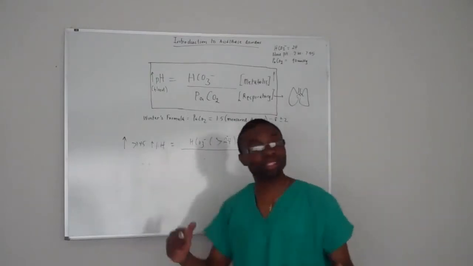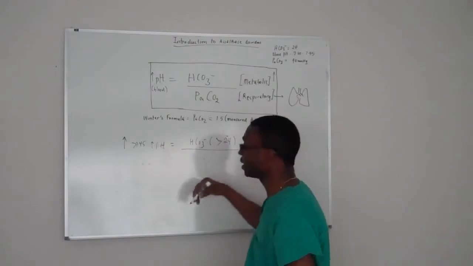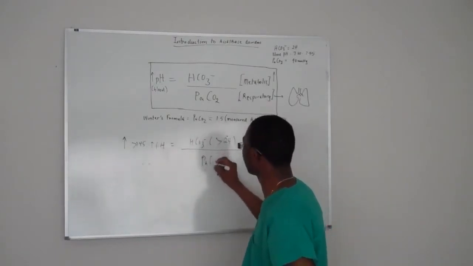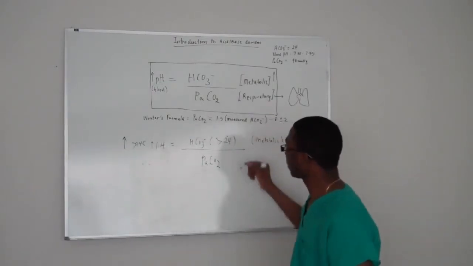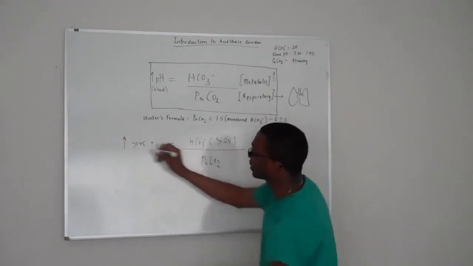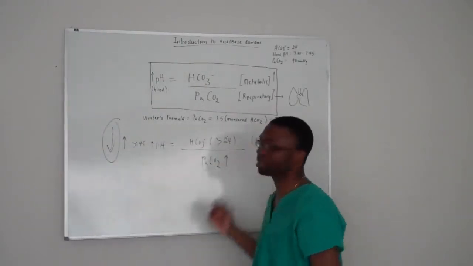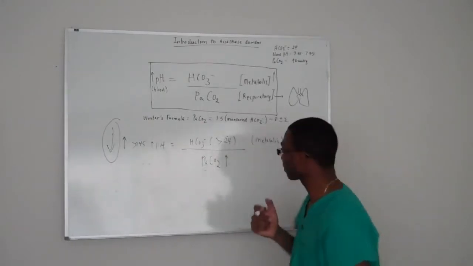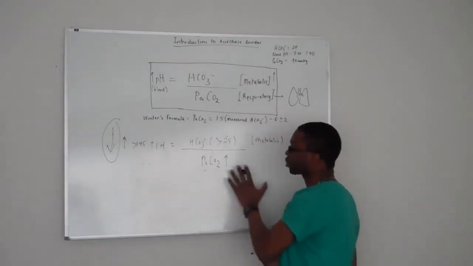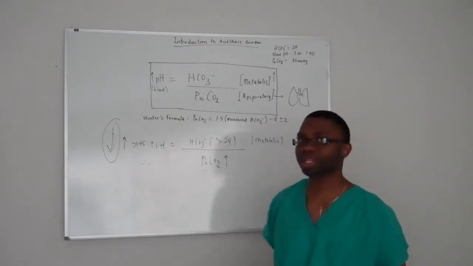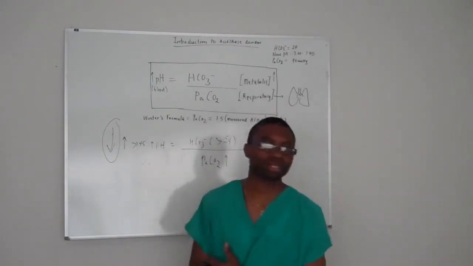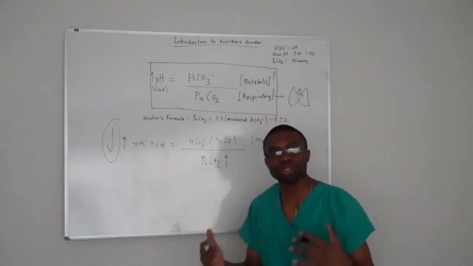So the only way I can do that is the inverse, which is PaCO2. To bring this pH down, I have to increase PaCO2. That's basically what's going to do the trick. So it's a respiratory compensation.